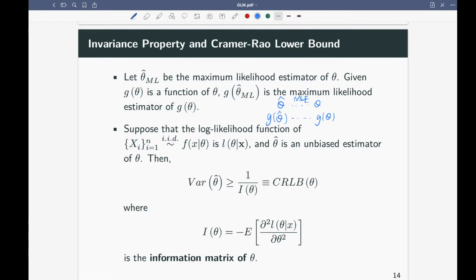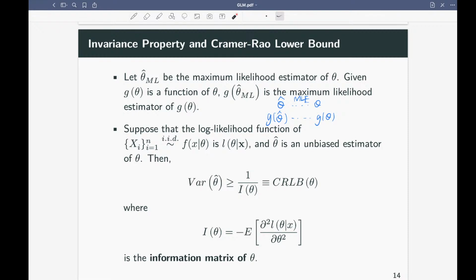And next, we should identify whether MLE is efficient or is useful. So we should have this variance lower bound. The variance lower bound is named the Cramer-Rao lower bound. Okay, so what is the CRLB? CRLB is from the log likelihood function.